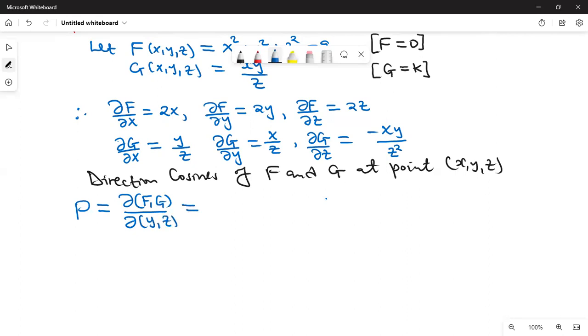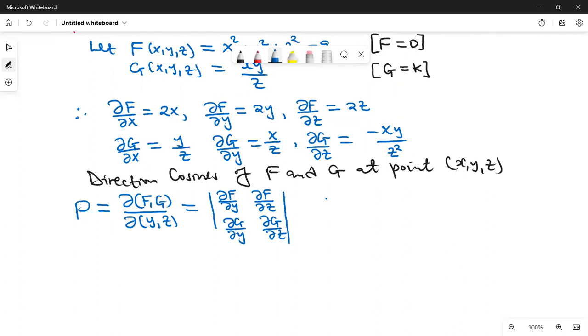This can be written in terms of determinant as the determinant of partial f, partial y, partial f, partial z, partial g, partial y, partial g, partial z.